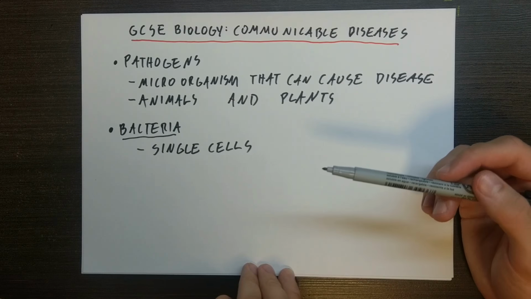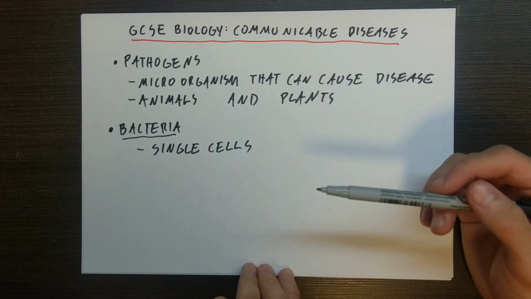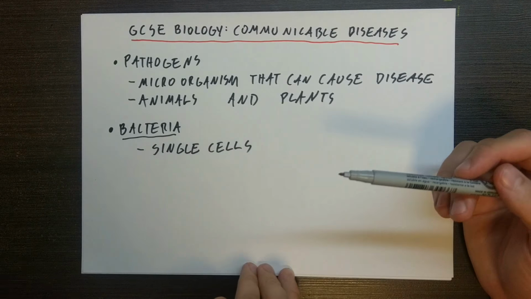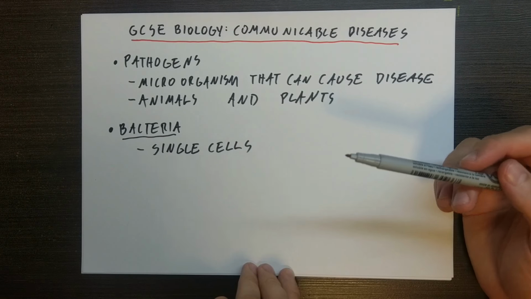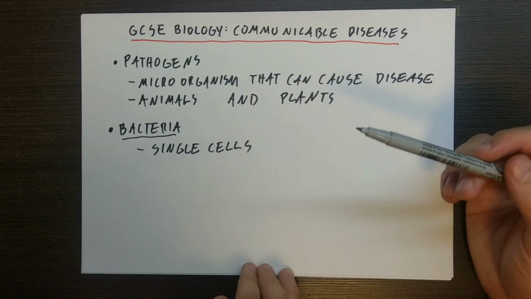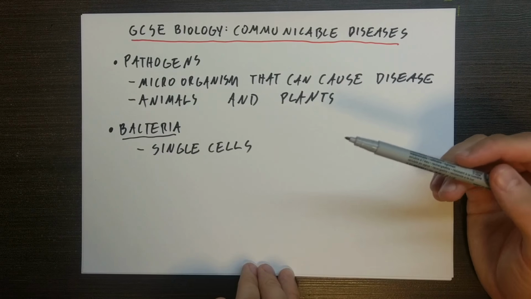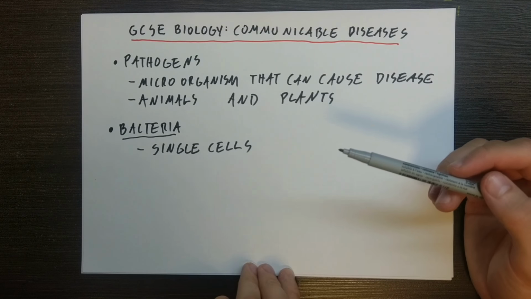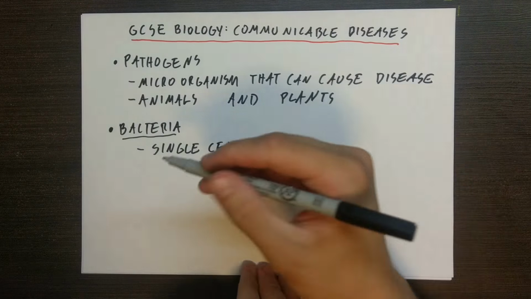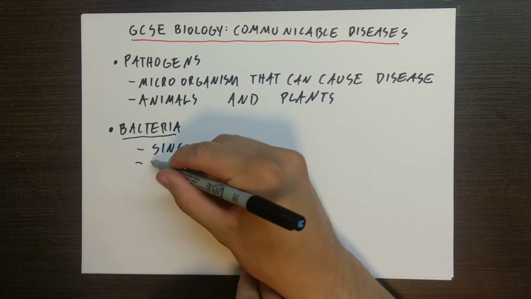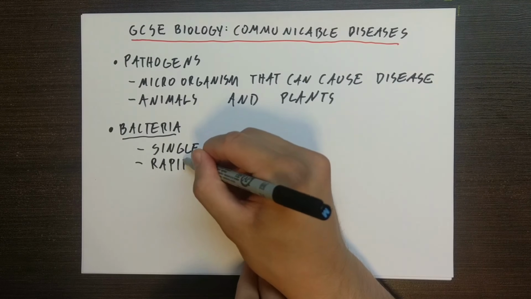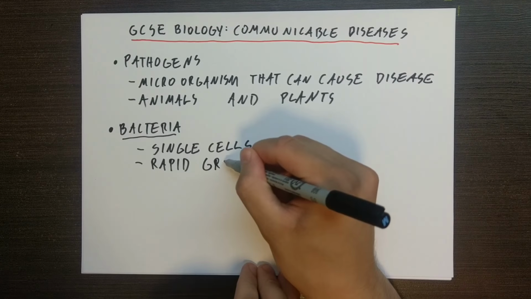I mean, if you think about it, if we have 4 bacteria, then after 20 minutes you have 8 bacteria. After the next 20 minutes you have 16 bacteria. After that you have 32. You can see how they can grow to crazy huge numbers. So they reproduce rapidly. Rapid growth.